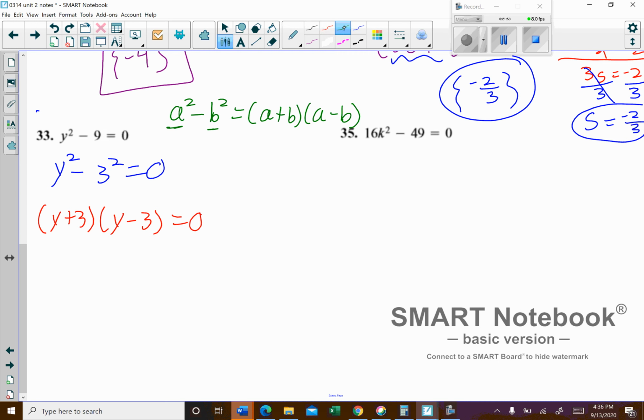Then we'll take each one of these, set those equal to 0, and solve. So my solution set is going to be negative 3 and positive 3.